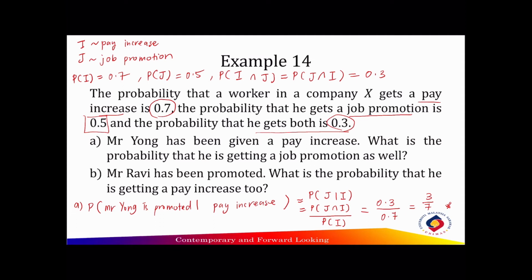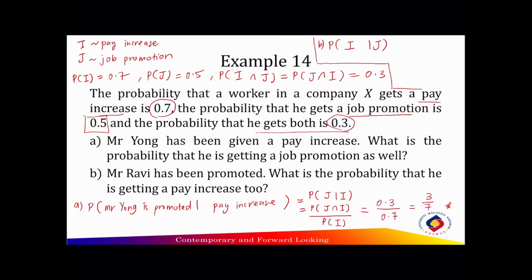For question B, let me use this space because we don't have enough space here. I will solve B here. So B, Mr. Ravi has been promoted. So promoted comes first, means J is given. And then what is the probability that he is getting a pay increase too?